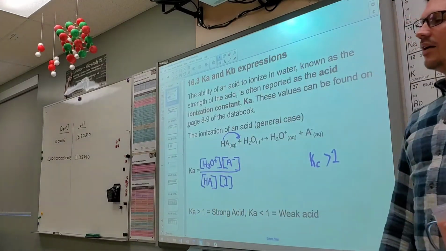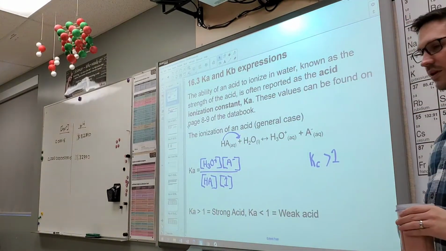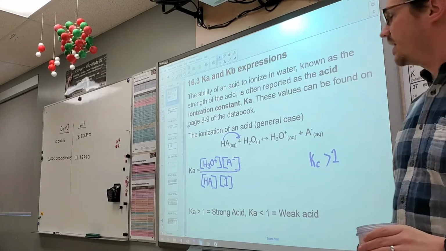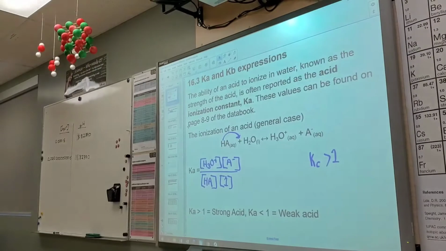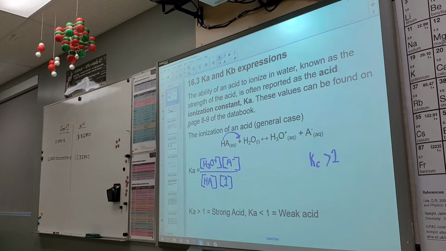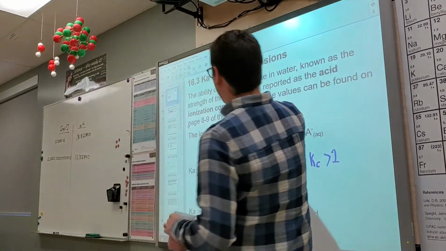The ability of an acid to ionize in water, known as the strength of an acid, is often reported as the acid ionization constant Ka. When I say Ka, you need to do a little bit of almost like word association. What is capital K?